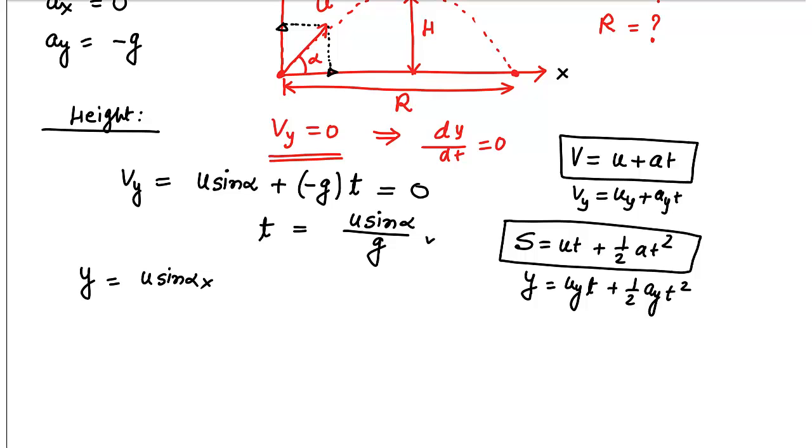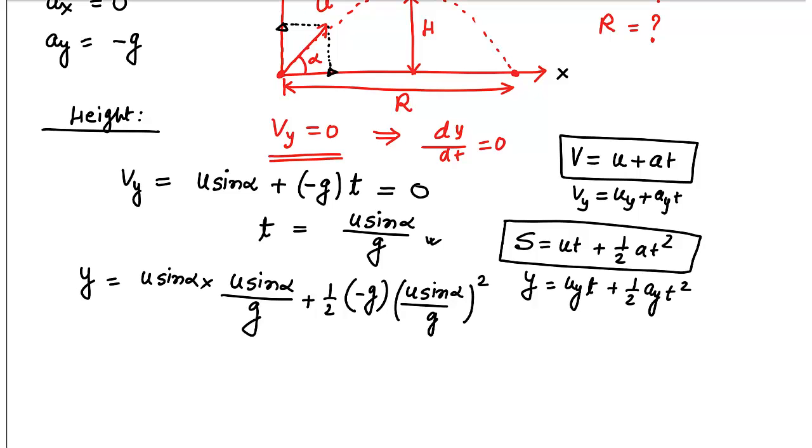This we just calculated. This is u sin α divided by g, plus half. What is the acceleration? Acceleration is minus g, because this is acting in the downward direction. What is time? This is the same time that we just calculated, u sin α by g, and this is raised to the power 2.